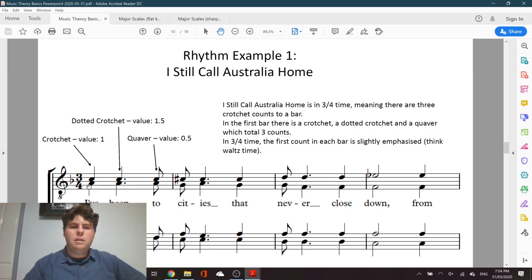Do it one more time, and notice that we're emphasizing these ones. 1, 2, 3. I've been to cities that never close down. So in 3/4, that's the kind of natural pattern of strong beats or accents.